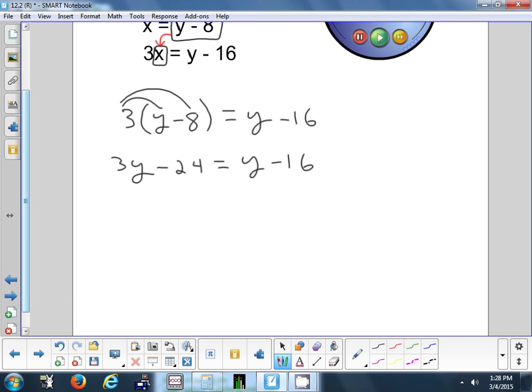Next step. Let's get all the y's on one side. I think the easiest way is to take the y that's on the right and move it to the left. How would you do it? Minus y. Good. What happens when you do y take away y?